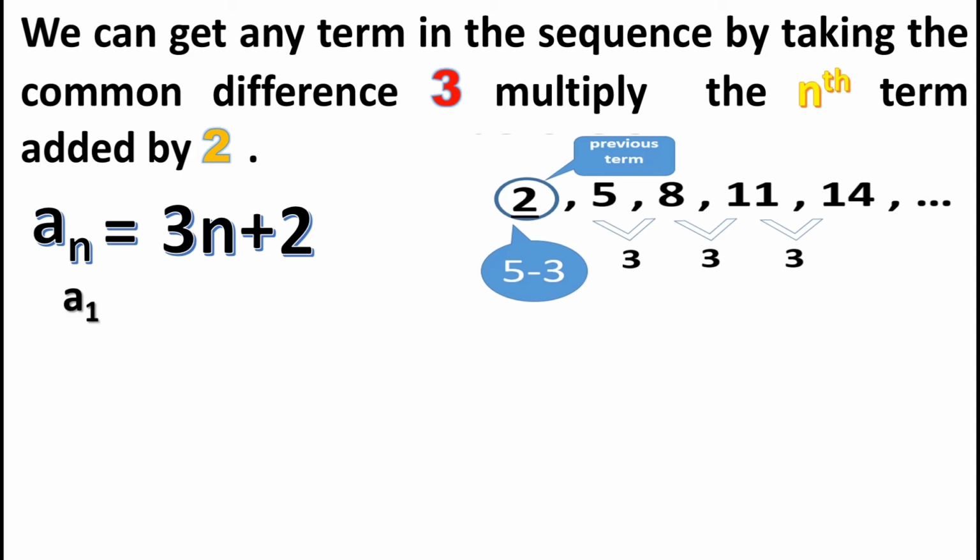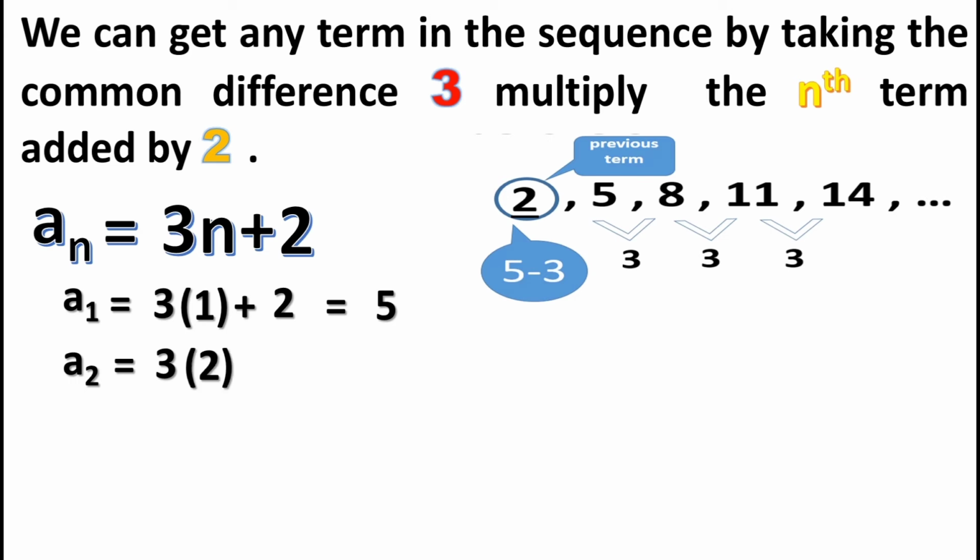Your a sub 1 is equal to 3, you just substitute your n, which is 1, plus 2. That is equal to 5. Very good. How about a sub 2? Copy 3, then substitute your n, which is 2, plus 2 is equal to 8.